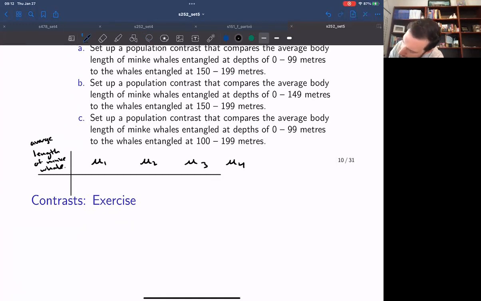And then here we're going to have depth, which is also the factor.